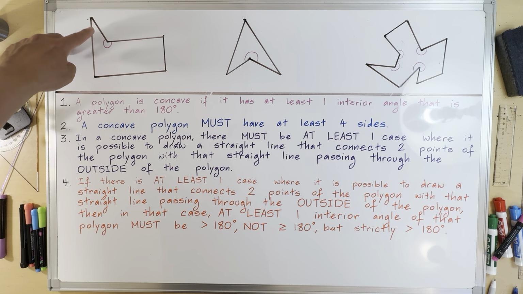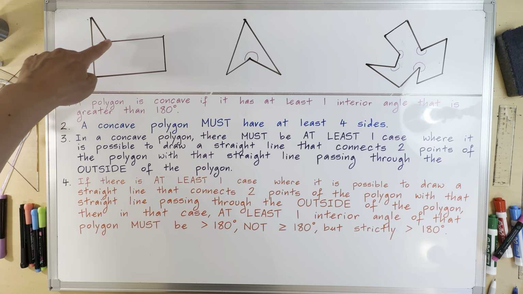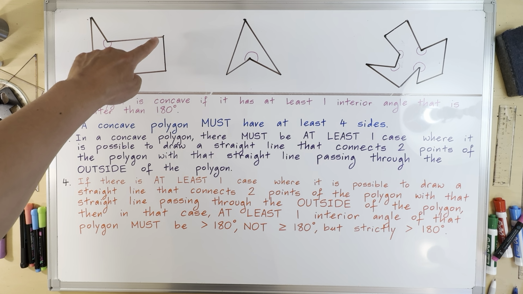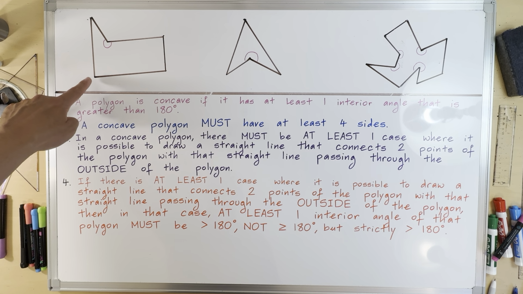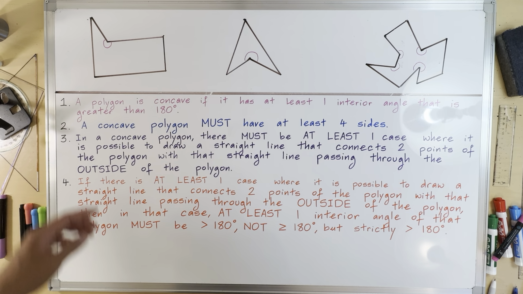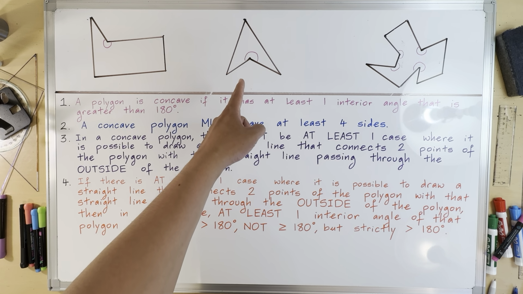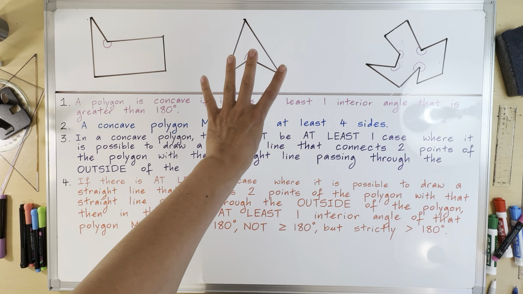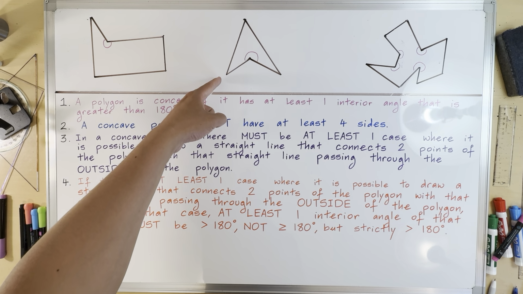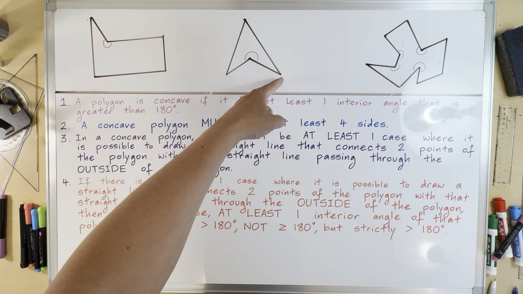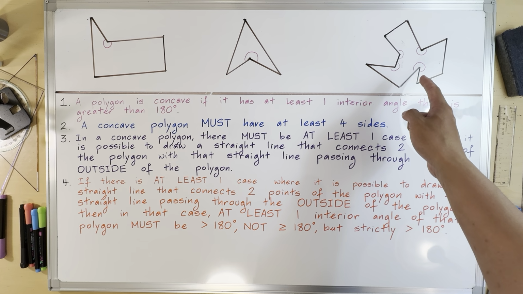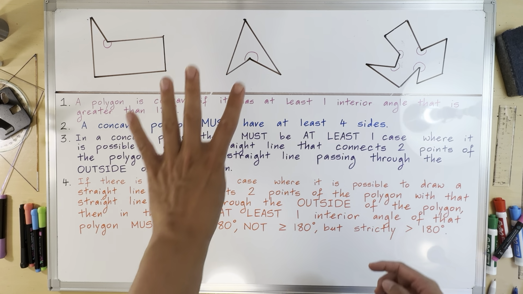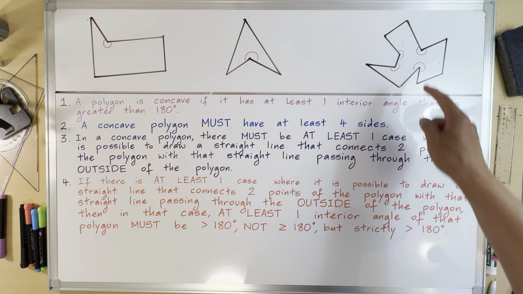It has one side right here, a second side right here, a third side right here, a fourth side right here, and a fifth side right here. This one has exactly four sides. 1, 2, 3, 4. And this one has a lot more than just four sides.